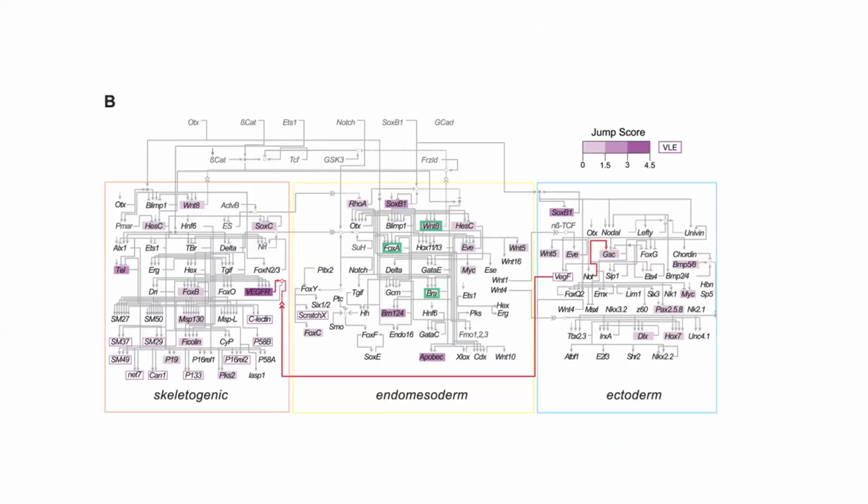Looking at this, here's a fantastic example from their study of the types of changes that occur across the different tissues. The darker the color here, the larger the shift.